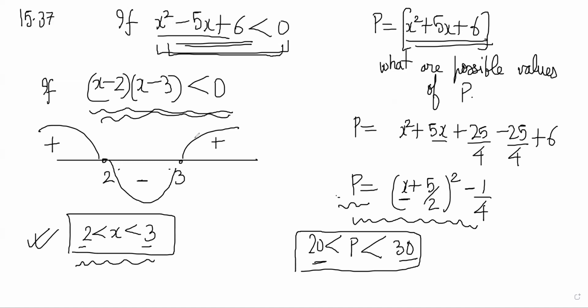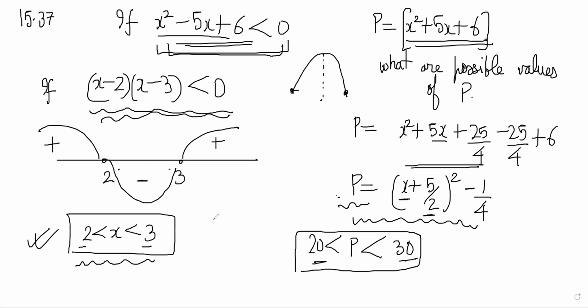Or you can do directly x is equal to 2 here and see. But if you do directly x is equal to 2, you will not know whether it could have been like this, where the end points are lower, but in the middle there is a maximum. Do you understand what I'm saying? How do I know that I can put the endpoint values? Because the vertex is at minus 5 by 2.